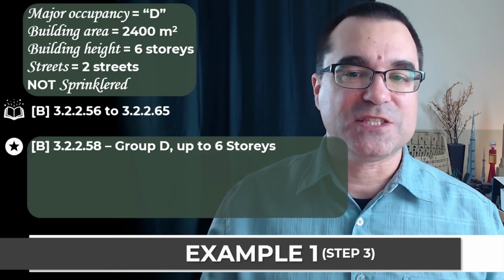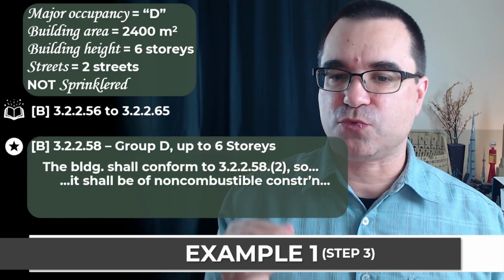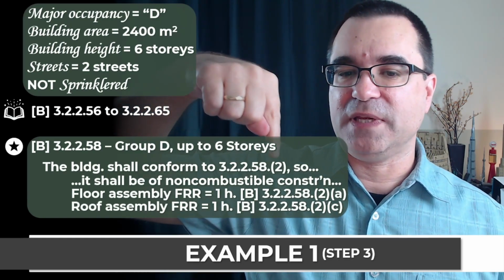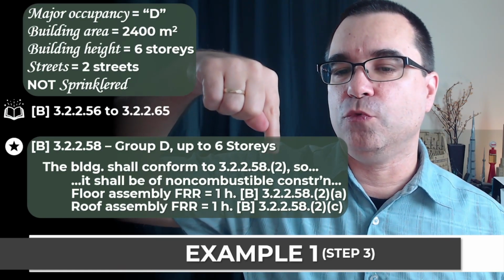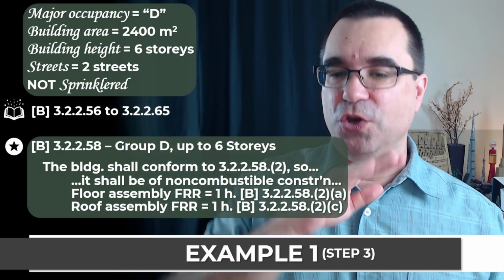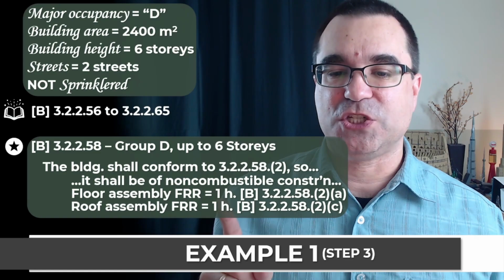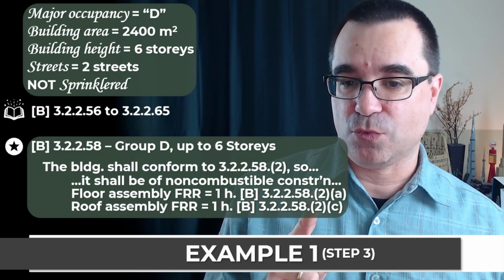Then in sentence 2, we found all the requirements to answer our questions related to construction requirements. So what we get is that the building has to conform to sentence 3.2.2.58.2 so that it shall be of non-combustible construction, and the floor assembly should be of fire resistance rating of 1 hour, and this is the reference.